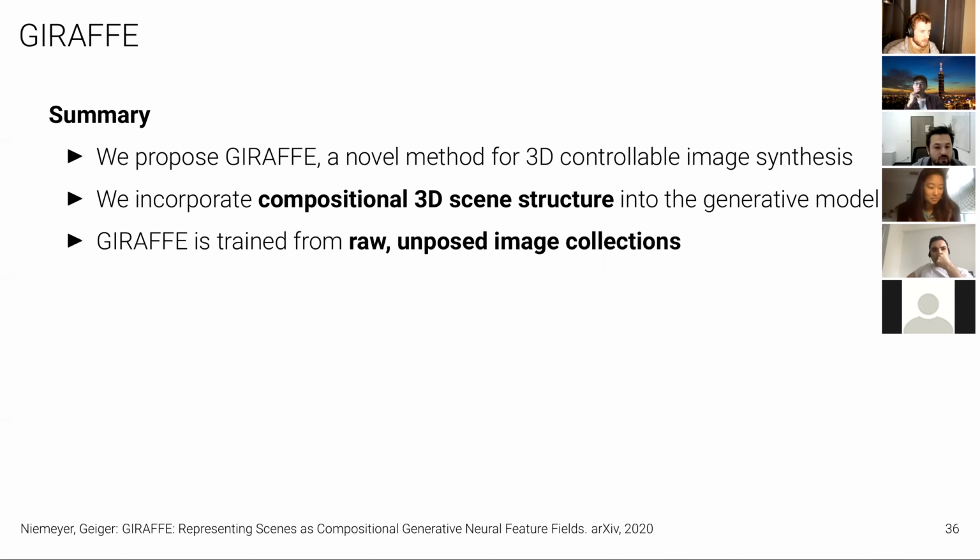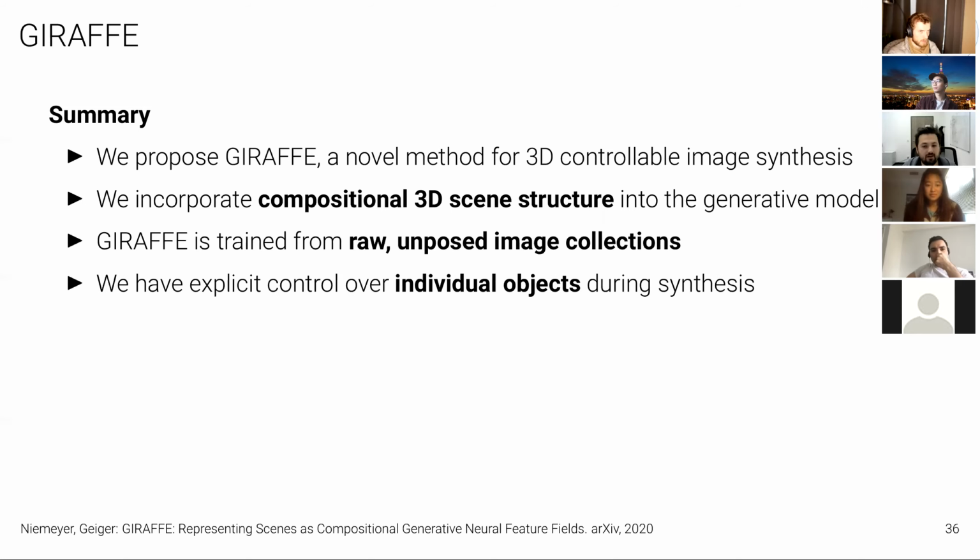Again, GIRAFFE is trained from raw unposed image collections, for example, a data set of single cars, etc. And the cool thing about this model is that at test time you have explicit control now over the camera, but also the individual objects.